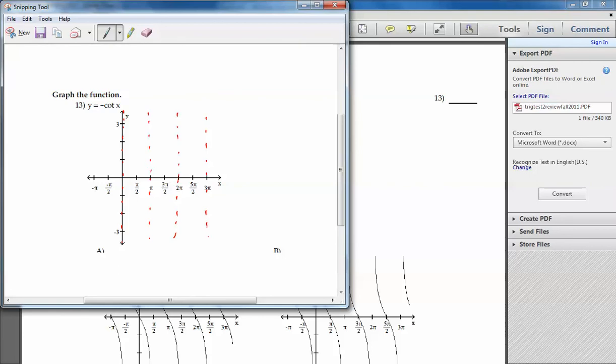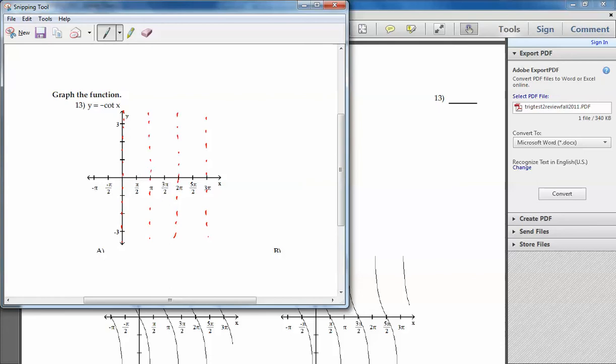Okay. You can also speed things up a little bit graphing this. Once you have the places where you have vertical asymptotes, the point that's exactly between any two vertical asymptotes will be a place where your graph crosses.